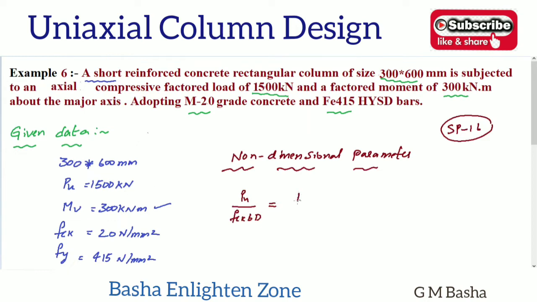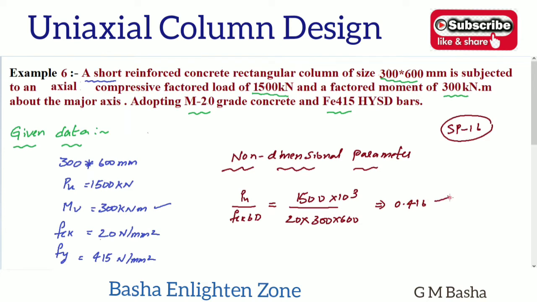It is given as 1500 kilonewton. The fck is 20, in terms of Newton, so I am converting kilonewton to Newton, that is 10 to the power of 3, divided by 20 into the b value, 300, and the d value, 600. If you simplify that using your calculator, you get 0.416.